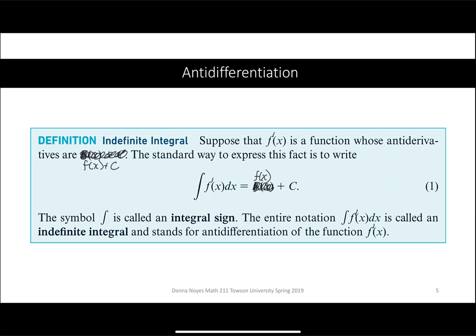The standard way to express this fact is to write it as the integral of f prime of x dx equals f of x plus c. That funny elongated s is called an integral. So the symbol is called the integral sign, and the entire notation, the integral of f prime of x dx, is called an indefinite integral and stands for antidifferentiation of the function f prime of x.